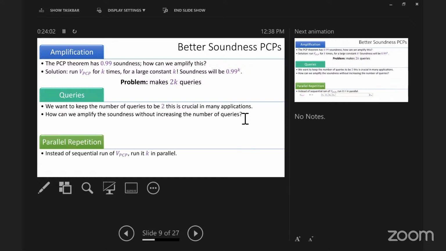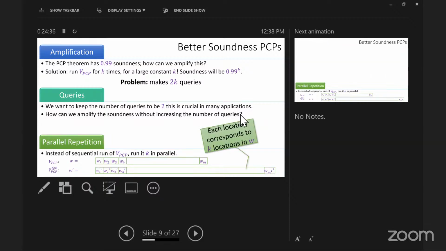So you just do it in parallel. What do I mean by that? Let's say that we have the verifier V_PCP. It has access to some witness, which is a string W1 to Wm. Now I want to simulate a verifier that makes k checks of V_PCP. So what I'm going to do is consider this V_PCP tensor k. This is the notation I'm going to use, which has a much longer proof.